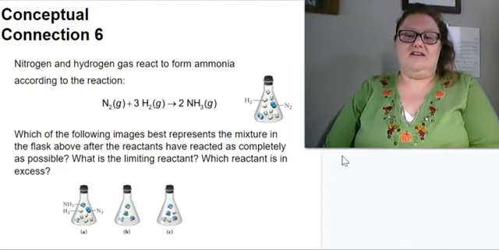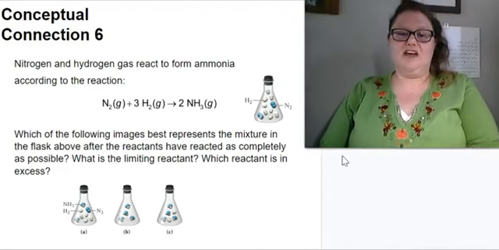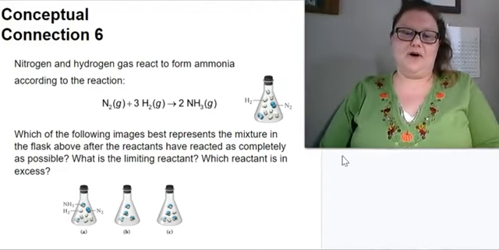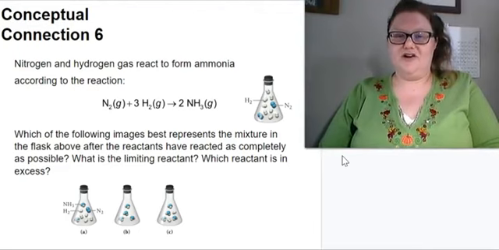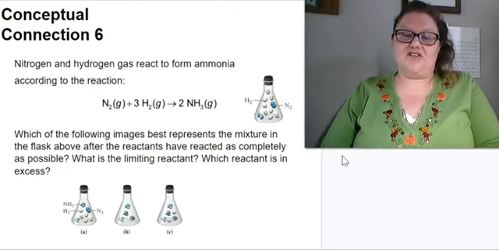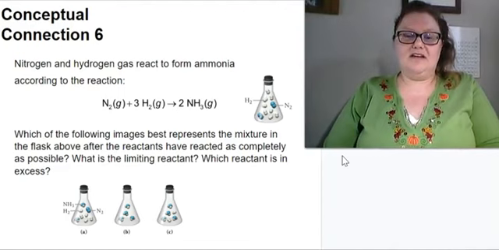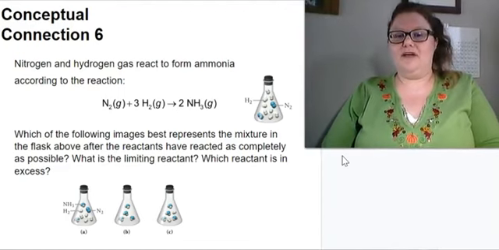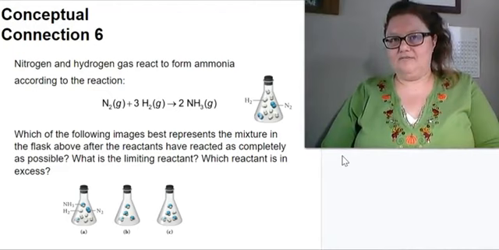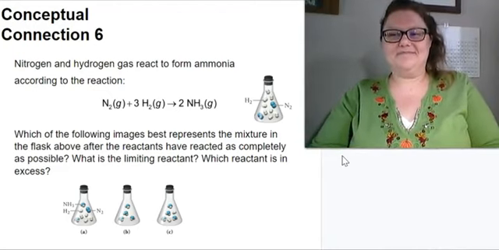When you're done, you're going to see how much product you're going to make and pick A, B, or C down at the bottom to represent your answer. In flask A, they just marked what each one looks like so you can recognize them. All right, so the NH3, it has 1 blue and 3 white stuck to it. Pause the video and let's see what you get.